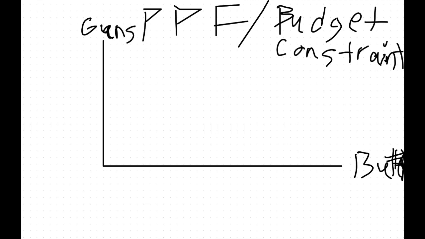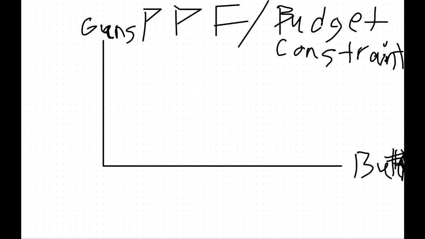Okay. So the idea is that imagine that you're stuck trying to make one of two possible goods. You're either making guns or butter, which in the original example was meant to be a trade-off between civilian and military goods.